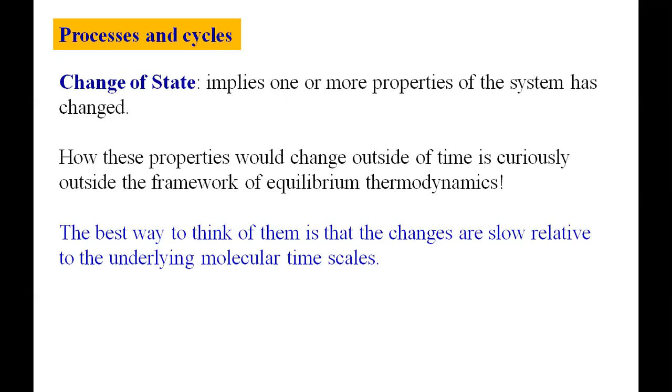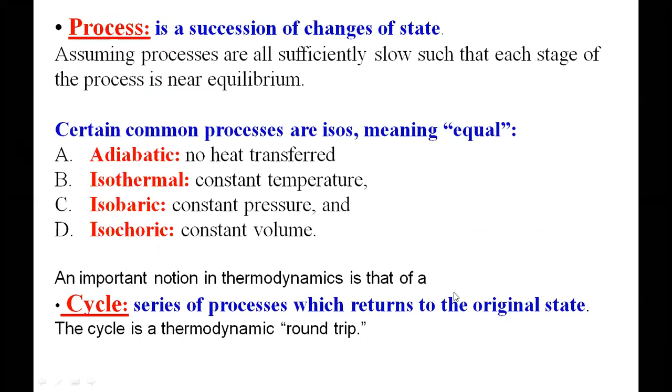So the best way to think of them is that the changes are slow relative to the underlying molecular time scales. So we have to think about what slow means relative to the underlying molecular time scale. And we have the succession of changes of state.